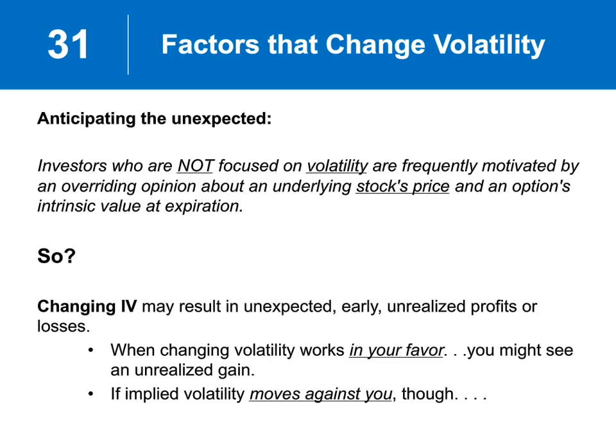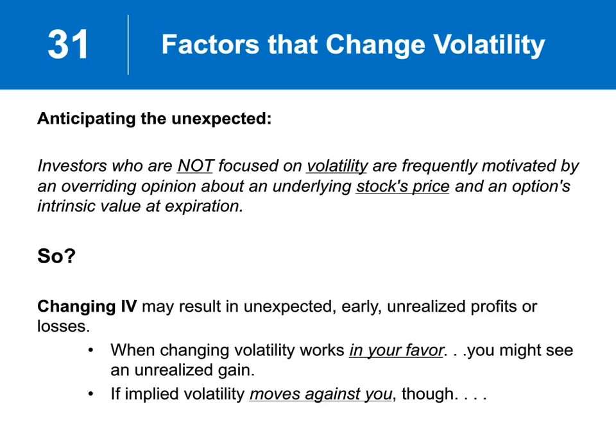All right. Now here you go. This is a good slide. Let's just read this together. Investors who are not focused on volatility are frequently motivated by an overriding opinion about an underlying stock price and an option's intrinsic value at expiration.